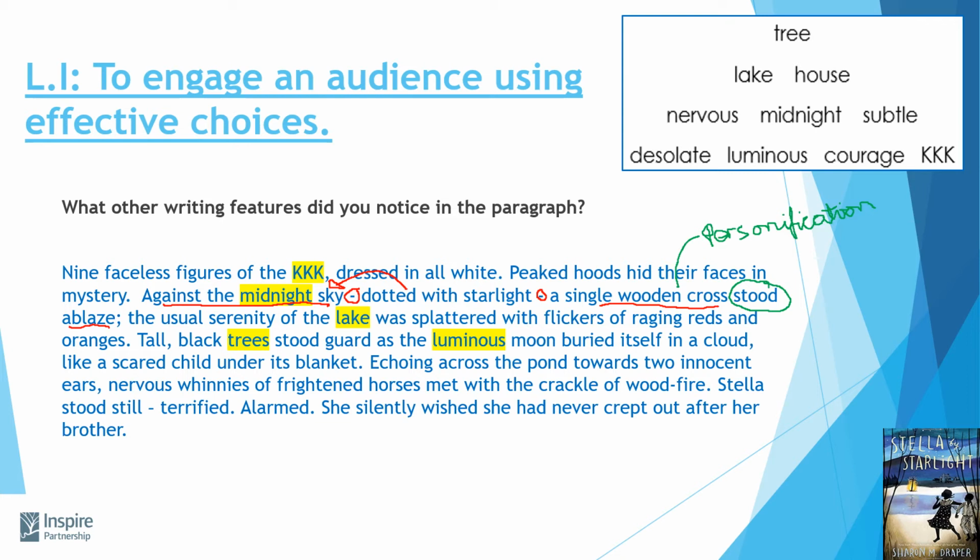We've also got some further features in the paragraph if you want to continue reading through and have a little go at spotting what you can see. Because one of our steps to success was about using different sentence structures.